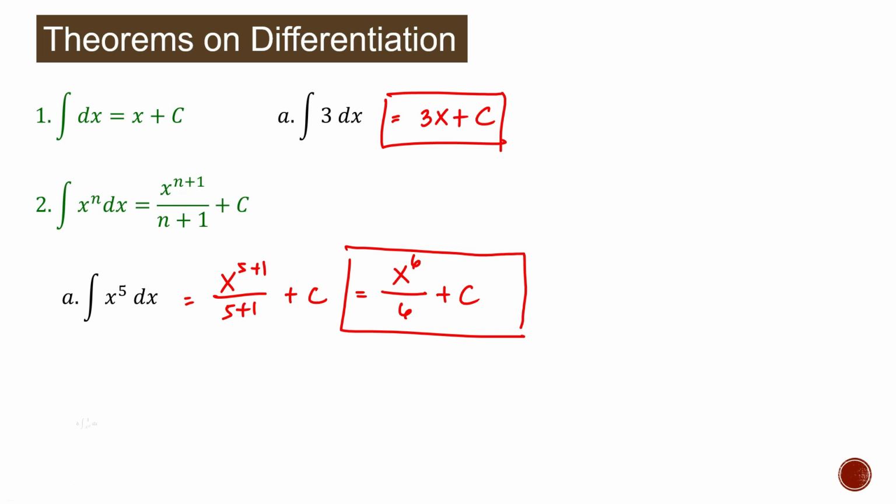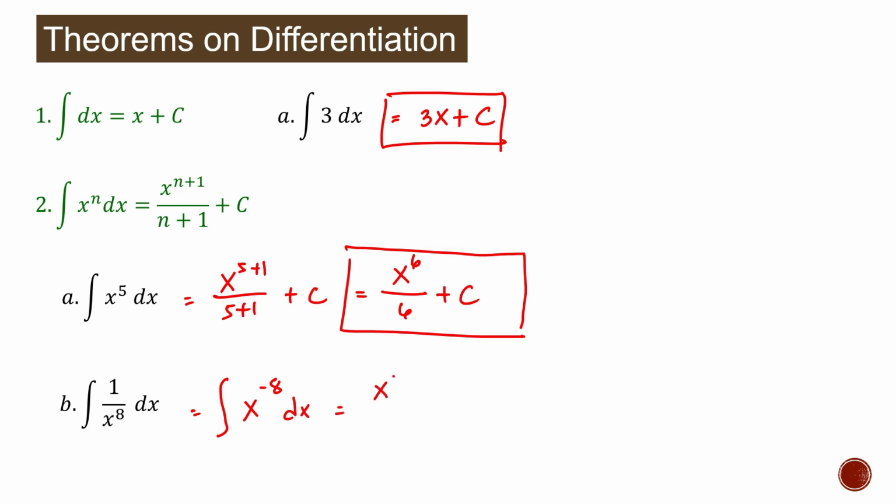So example number 2, 1 over x raised to 8, and you might be thinking, oh, that's different. No, it's not. Here you have to use some of your knowledge about laws of exponents. We know that this is equal to x raised to negative 8 using the laws of exponents. So now we can integrate this.